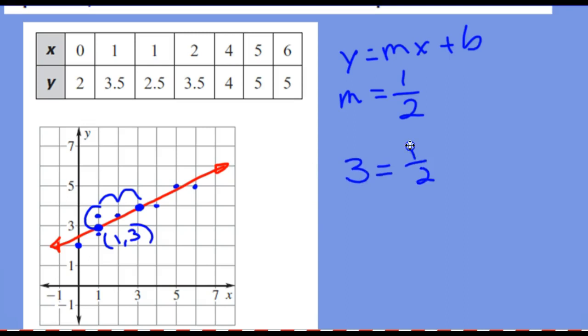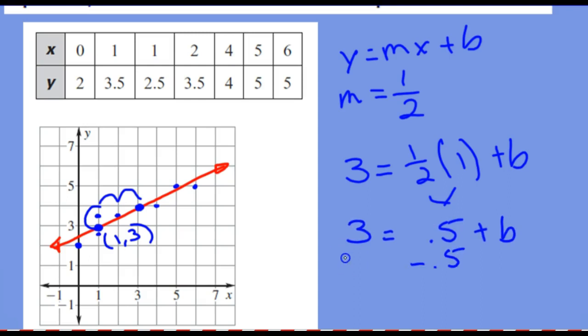We have 1/2 times 1 plus b. 1/2 times 1 is 0.5, and that equals 3 plus b. Subtract 0.5, and we get 2.5 equals b.